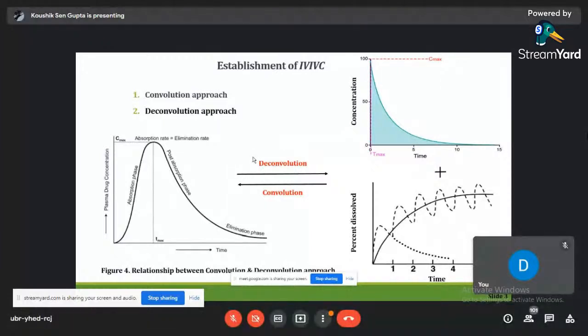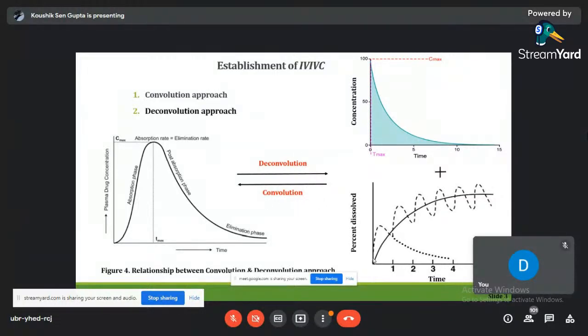Understood? But in the case of the convolution approach, you only need the in vitro dissolution data. When using this in vitro dissolution data, you get the in vivo performance of the dosage form, and that is called the convolution approach.